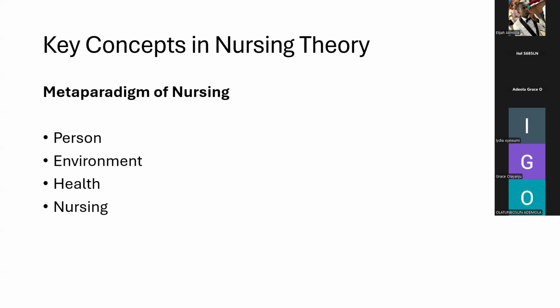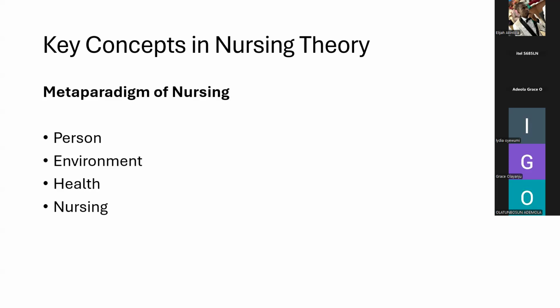So if your theory is theory of family cohesion, let's say I'm just forming that now, a person may not be an individual. A person may be a family unit. So you see how your philosophical underpinning and your variables will determine how you define the meta paradigms.